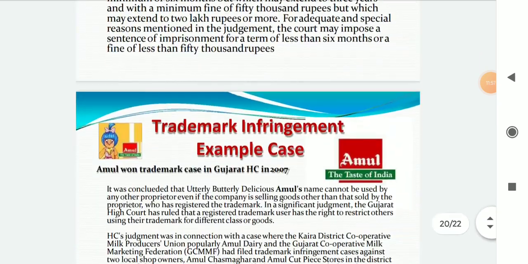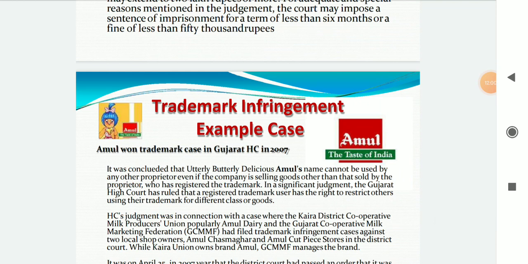This is an example case in infringement. Trademark infringement example case: the Amul trademark case in the Gujarat High Court in 2007. It was concluded that Amul's name, 'utterly butterly delicious', cannot be used by any other proprietor even if the company is selling goods other than those sold by the proprietor who has registered the trademark.